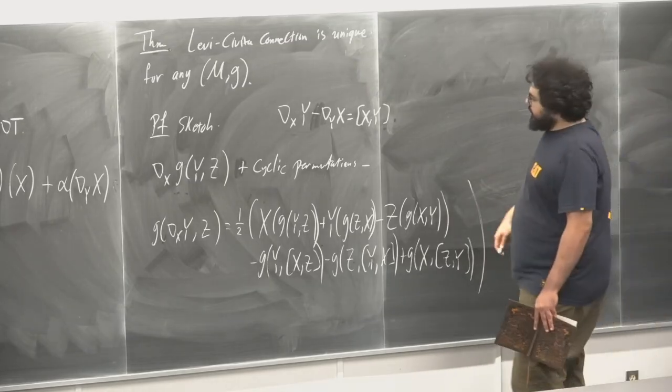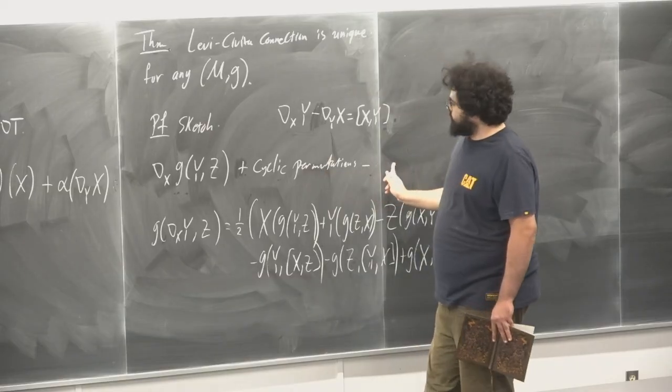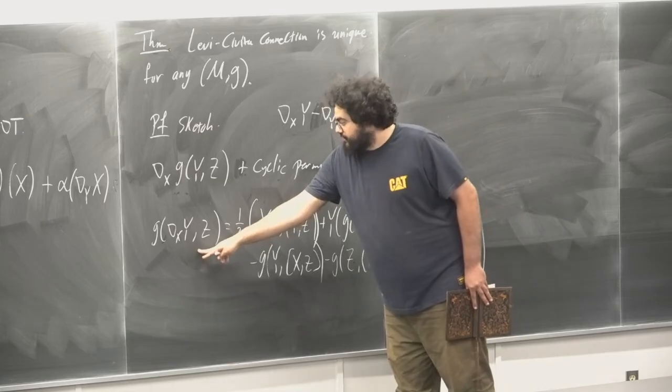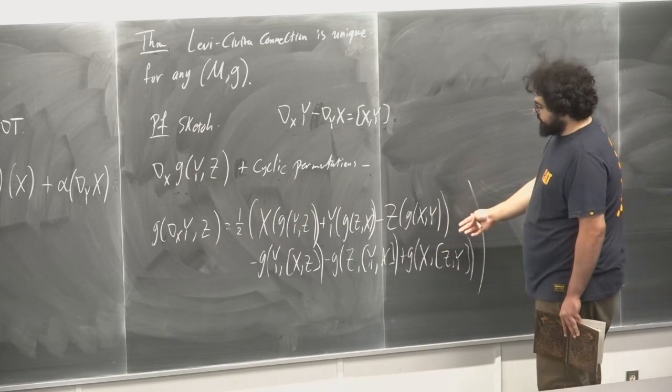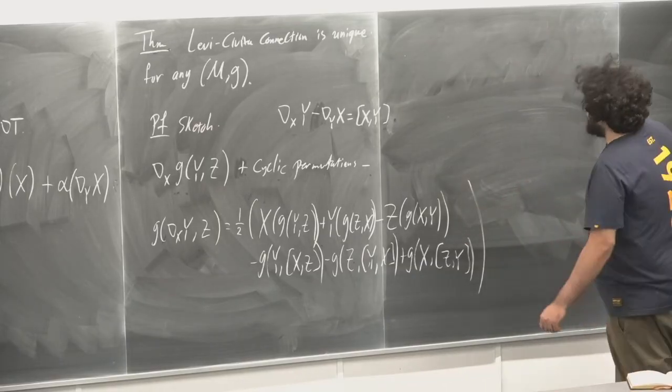Essentially, when you add these 2 and then subtract the next one, there ends up just being 2 of these terms and everything else cancels. And yeah, this is what you get. And why is this useful?